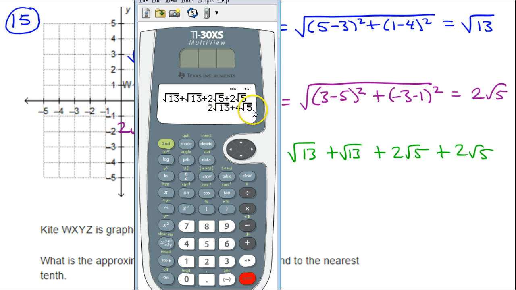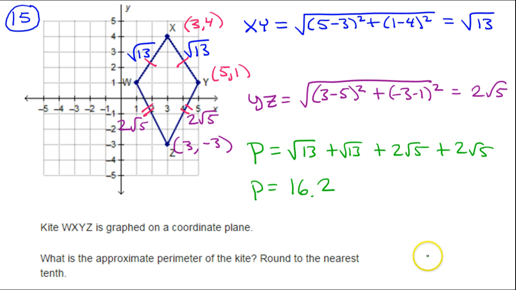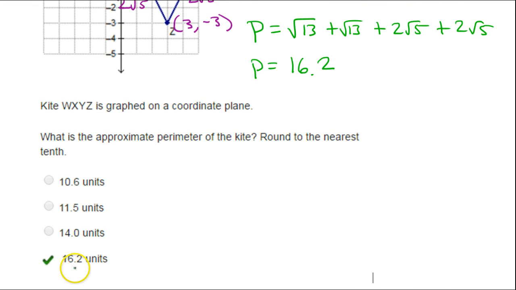Okay, initially they're giving me this weird expression where they've just collected the like terms, but I'll hit the toggle key to give me a decimal. And that's giving me 16.2. Alright, it said the nearest tenth, so that means 1 decimal place. So let's see how we did. Okay, that's why the answer was 16.2 units.